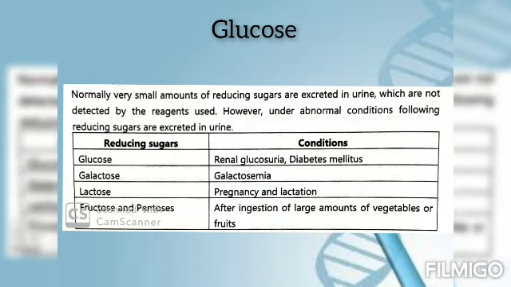Normally a very small amount of reducing sugars is excreted in urine, for example glucose, galactose, lactose, fructose and pentoses. In the condition of renal glucosuria, diabetes mellitus, galactosemia, pregnancy and lactation, and after ingestion of large amounts of vegetables and fruits.